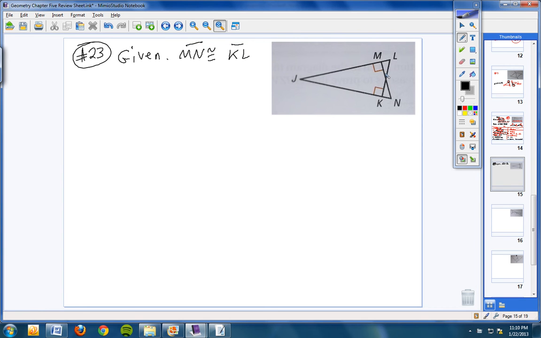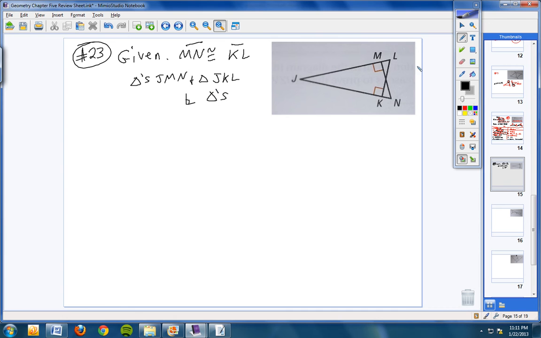And it looks like also we have, I'm going to go ahead and say some right triangles this time. I mean, I probably should have done that in the past proof. They're giving us the diagram right here and saying use the information. So I'm gonna go ahead and say triangles JMN and triangle JKL are right triangles.